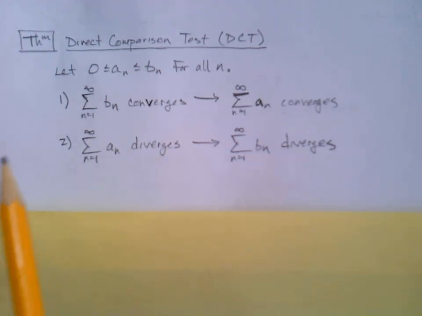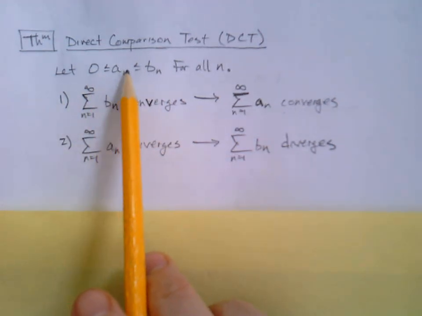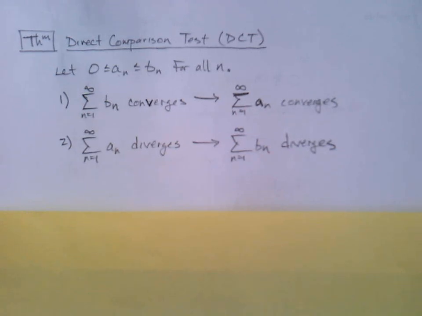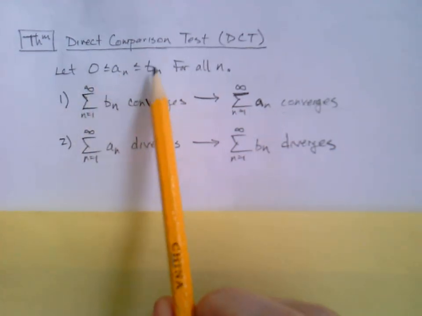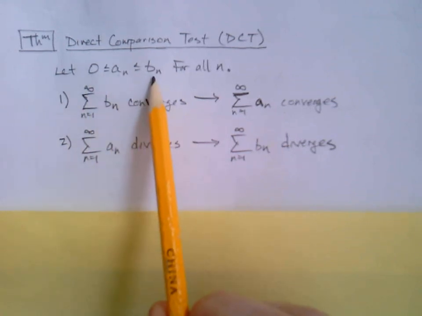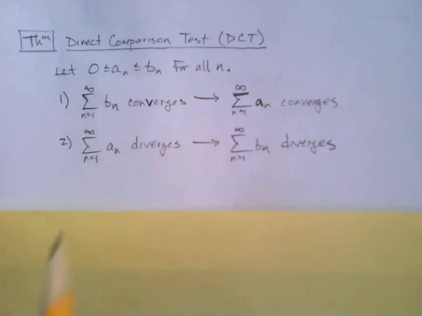It begins by saying, let 0 be less than or equal to a n less than or equal to b n for all n. We're saying that a n is caught between 0 and b n. They're always positive values, and b n is always at least as big as a n, usually bigger, I think we might say.